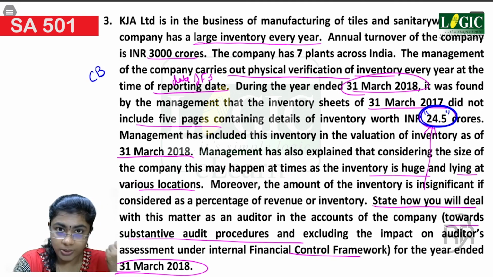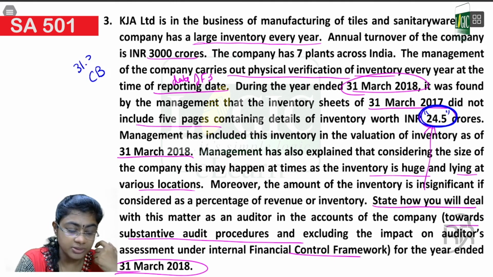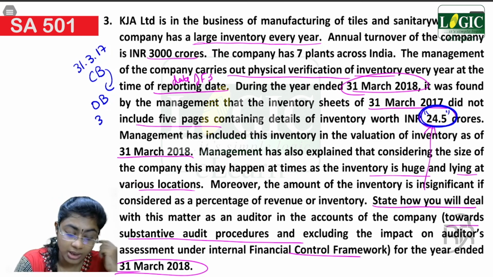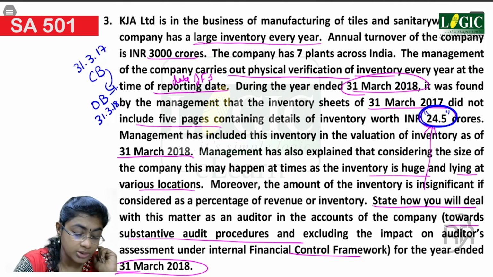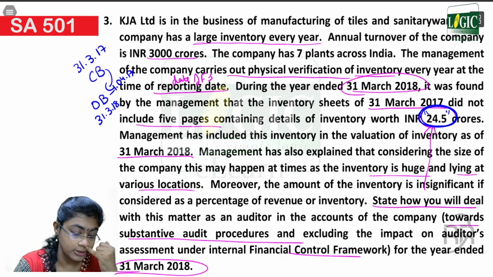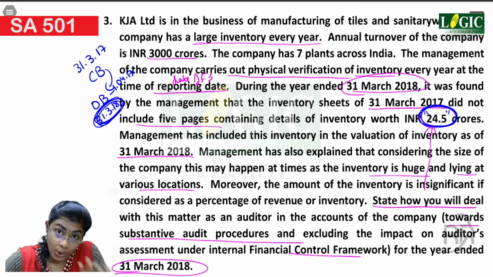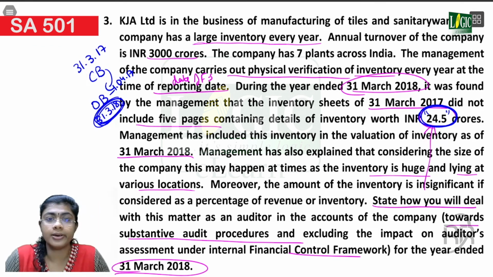Closing inventory of 31st March 2017. This inventory has been brought forward as the opening stock, opening balance of 31st March 18, meaning as on 1/4/2017. They, however, included this in the closing stock of the current year.